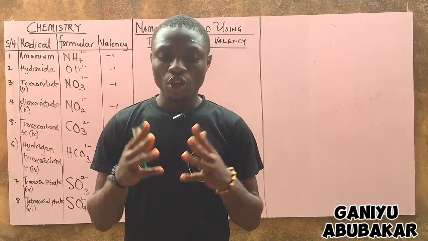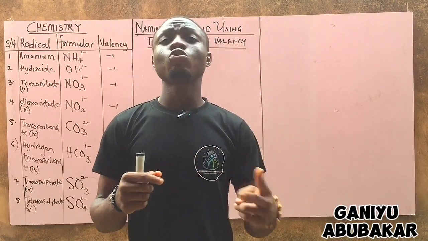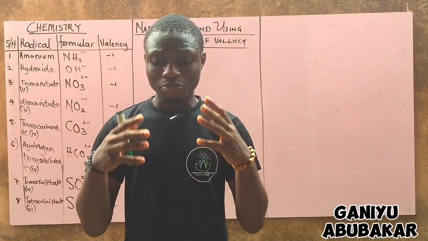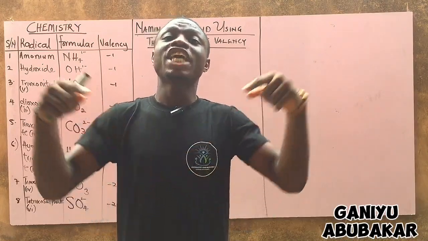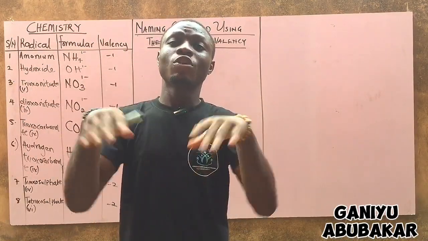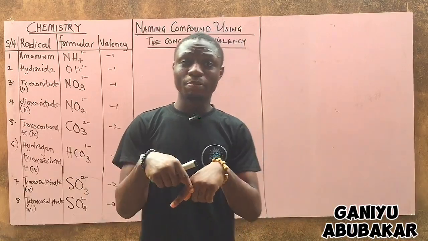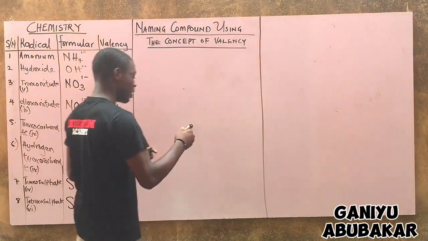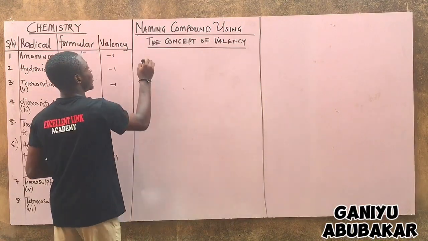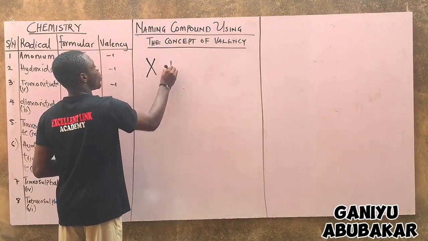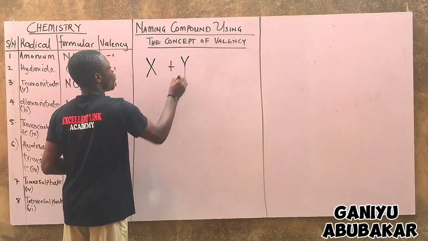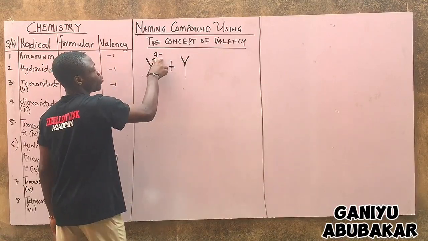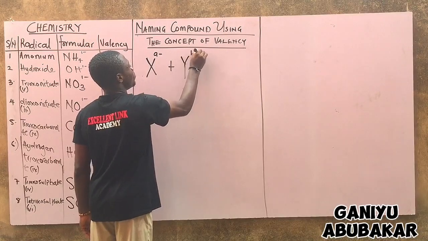Note that when two atoms are combining to form a compound, they exchange their power, ignoring the sign. They exchange power, ignoring the sign. This is what I mean. Let's say I have an element X combining with an element Y, such that X is raised to power A minus and Y is B plus.